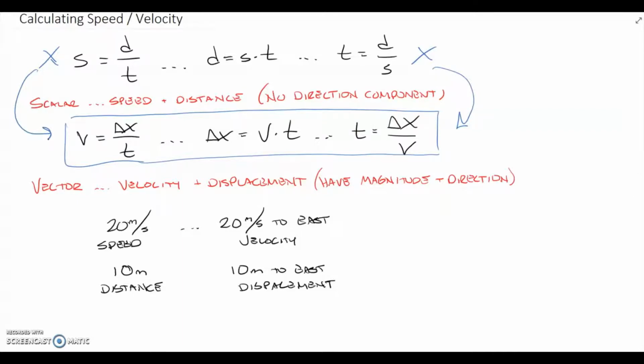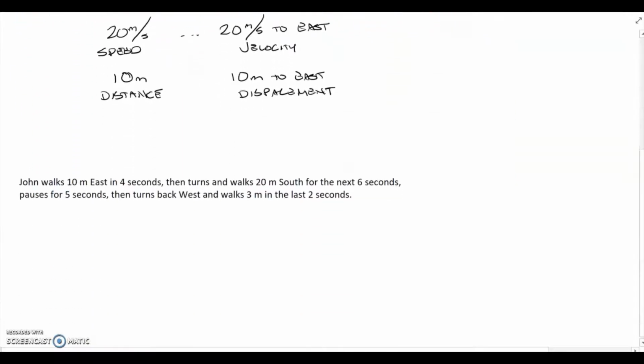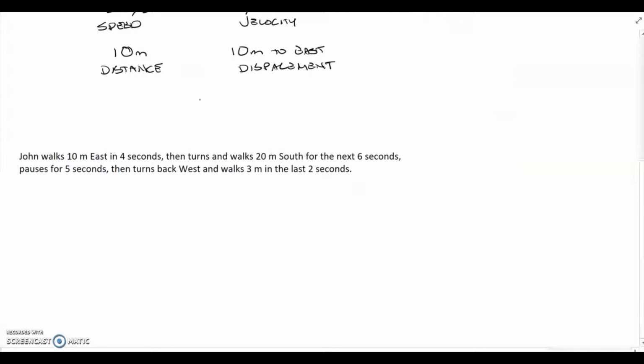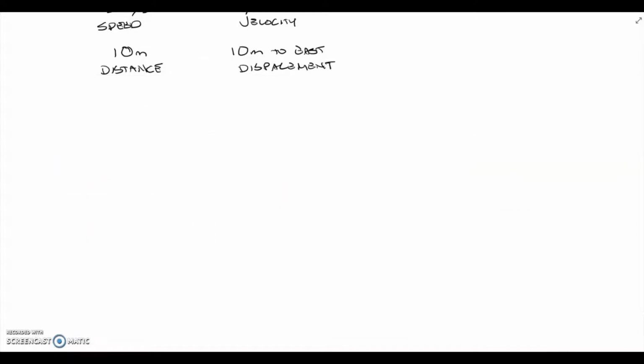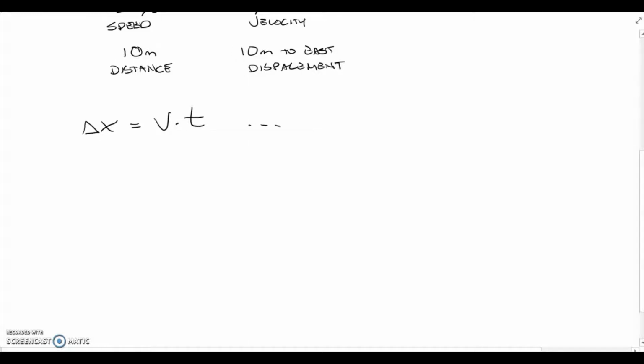All right? But I want to take this a step further and start looking at how we actually solve some problems with it. We're going to get to this example problem. So if I take my displacement equation, delta x is equal to velocity times time, well, this actually can be stretched out to give us even more information, right?